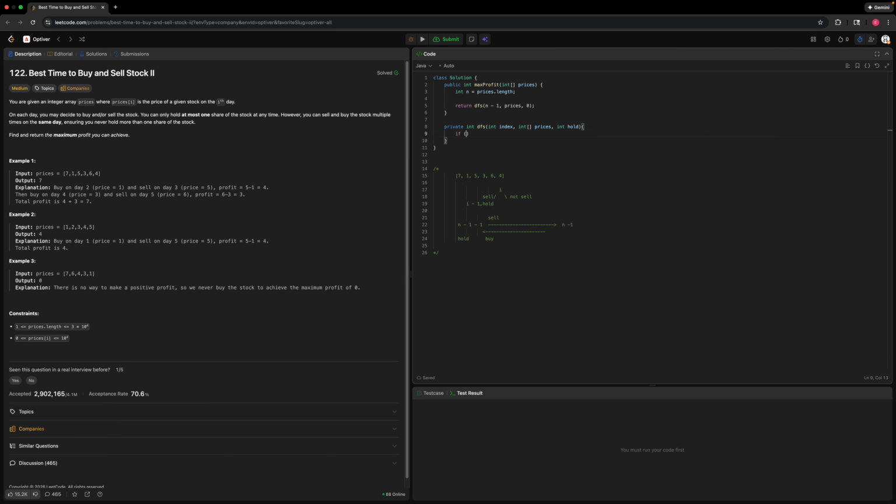So if the index is smaller than 0, at the same time if the hold is equal to 1, which means not at the beginning it should be 0, so it's invalid, so return the integer minimum. Again, out of boundary we can divide it by 2. Not, then return 0.